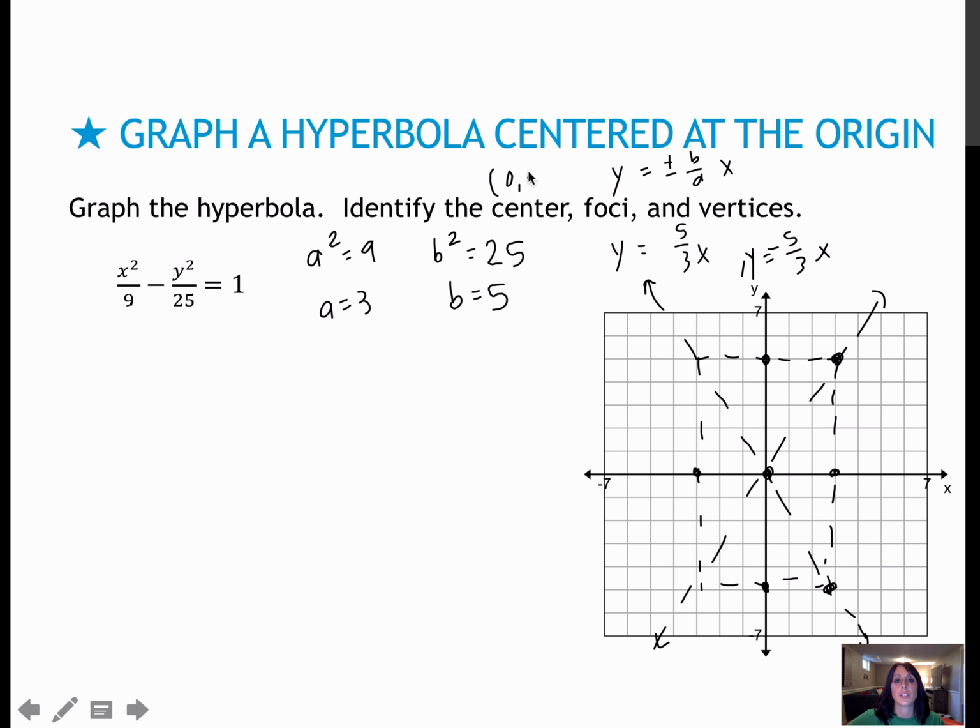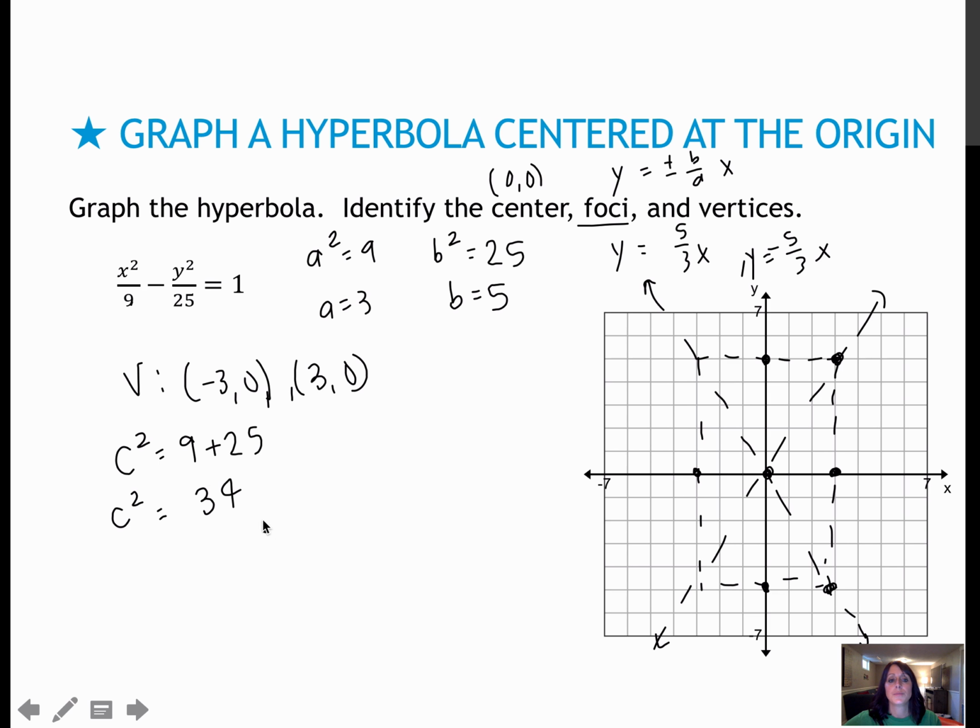So we know the center is 0, 0. We have the vertices, which are -3, 0 and 3, 0. And then of course we need the foci, and the foci uses the c value. So c squared equals a squared plus b squared. So c squared equals 34.